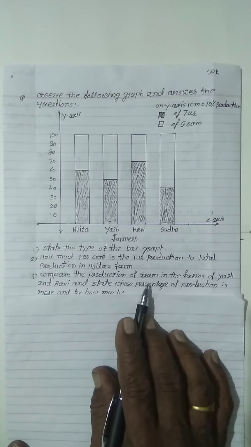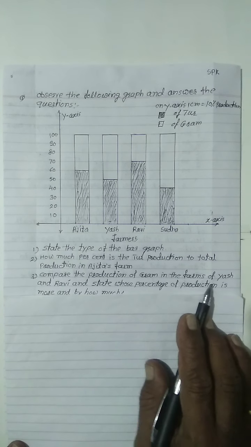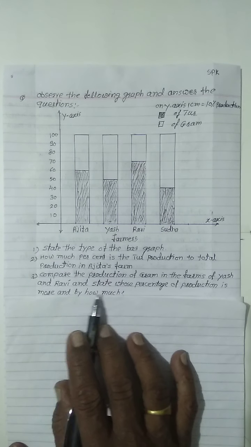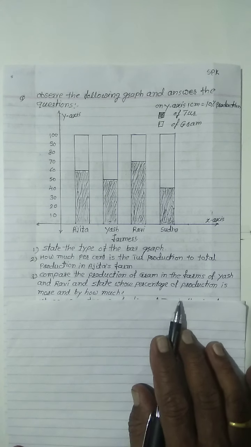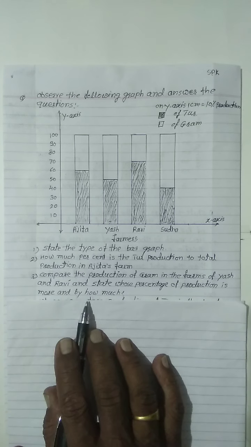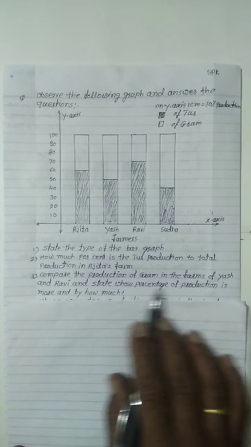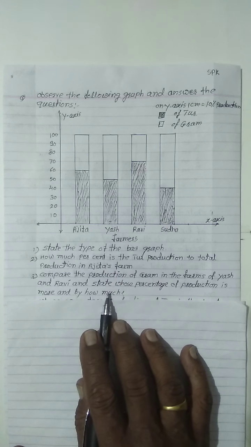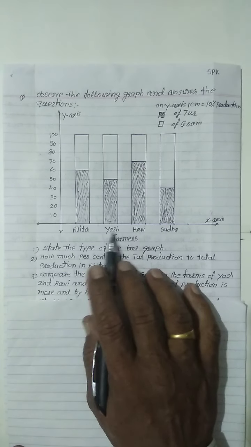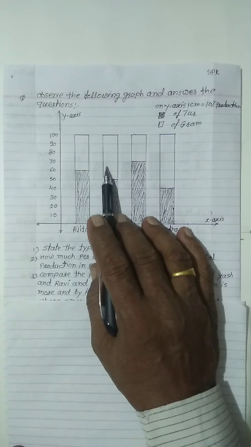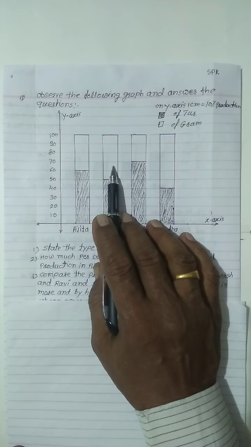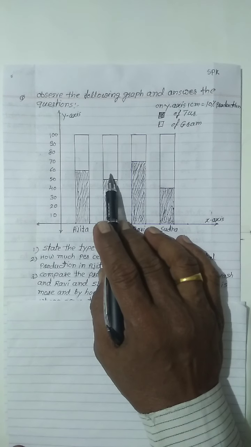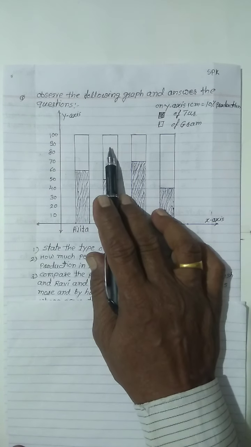Compare the production of gram in the farms of Yash and Ravi and state whose percentage of production is more and by how much. See the production of gram, Ravi and Yash. This is Ravi and Yash. This above portion is the percentage of the gram. Here the percentage of gram is 10, 20, 30, 40, 50.